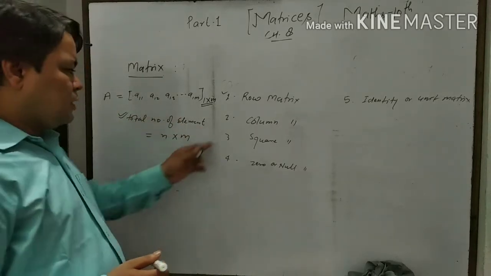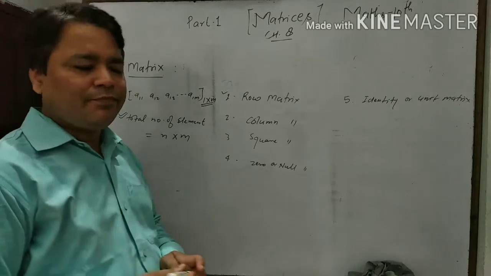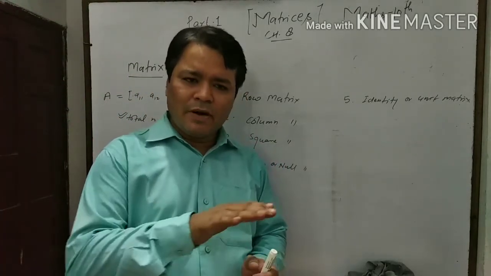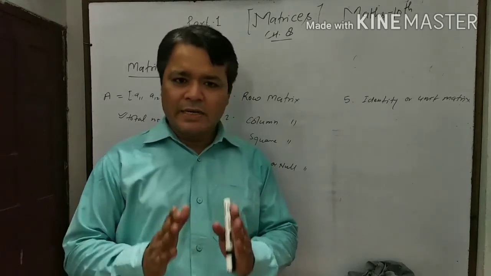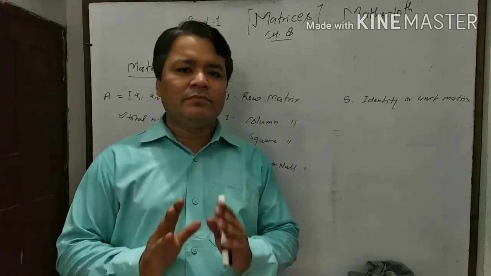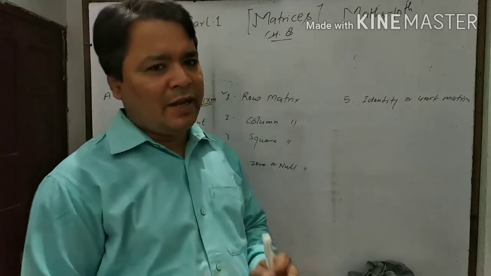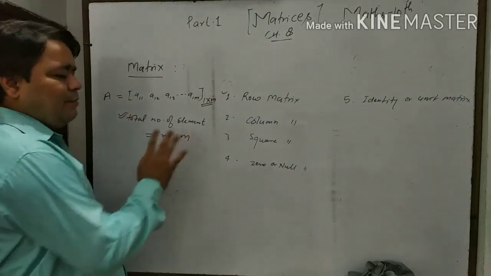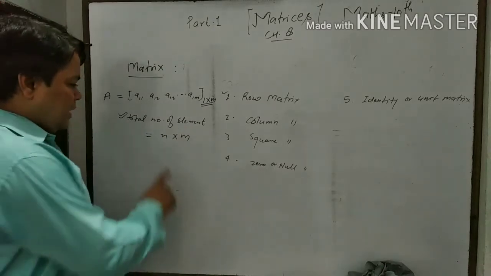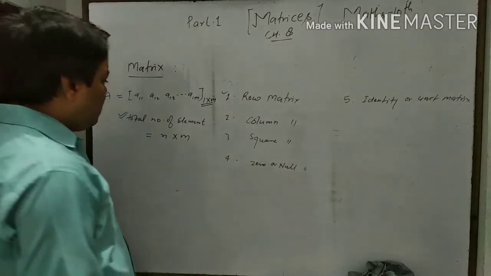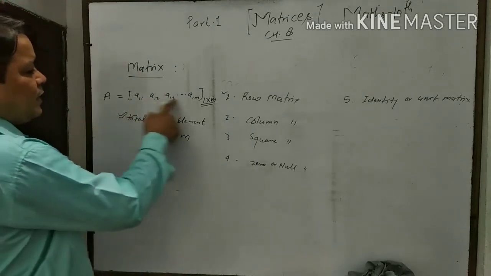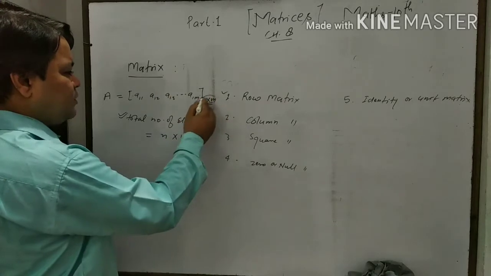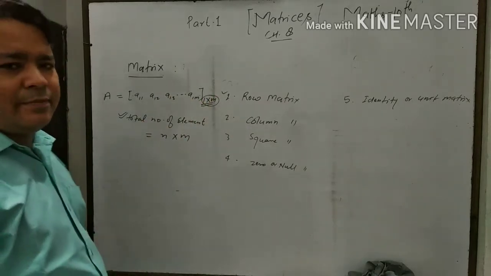I want to tell with this formula that if we have any matrix, and in that matrix the number of rows is n and the number of columns is m, then the total number of elements of that matrix will be n multiplied by m. Similarly, here if we have 1 row and m columns, the number of elements will be 1 times m.